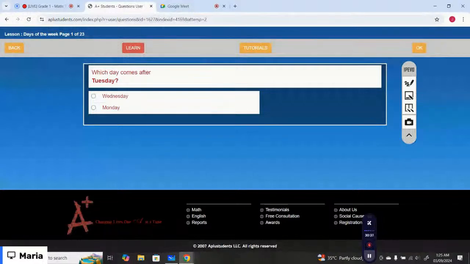Which day comes after Tuesday? So, which is the day after Tuesday? The correct option is after Tuesday, Wednesday. Option number one is the correct option.